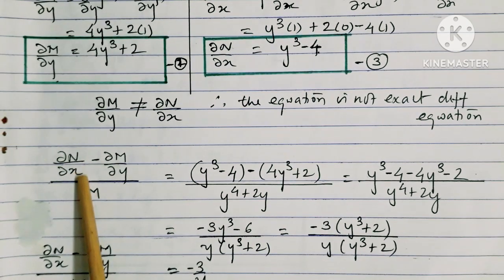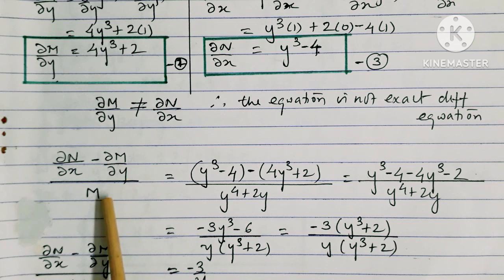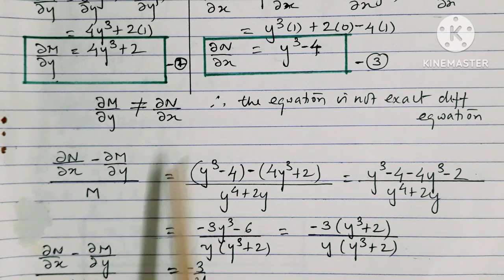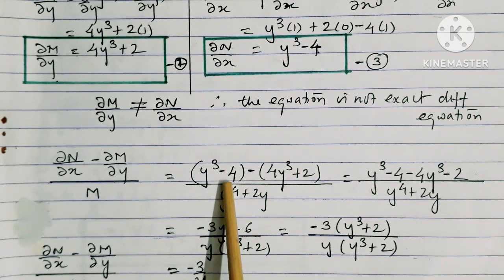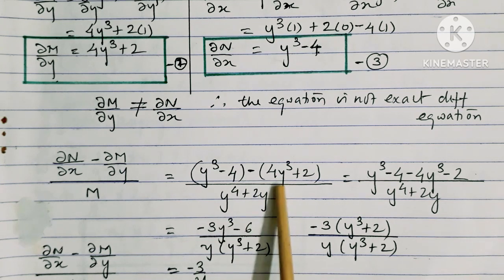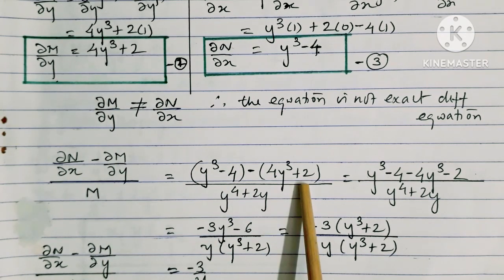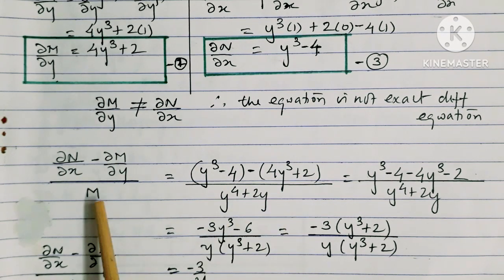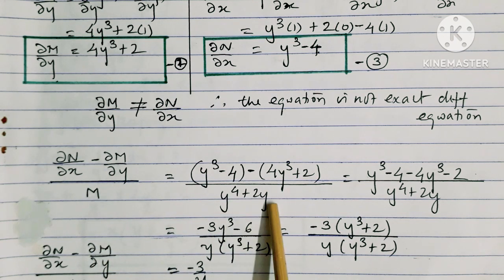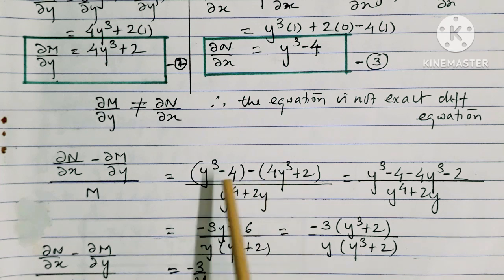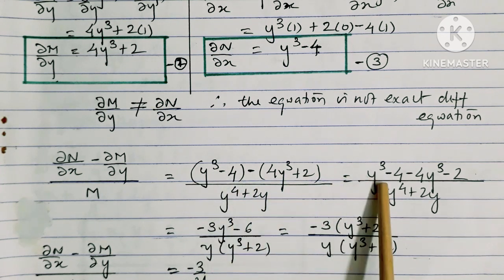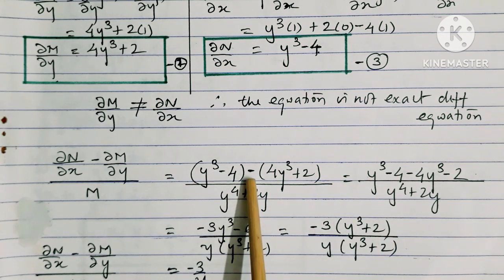Therefore (del N by del x - del M by del y) upon M is equal to (y^3 - 4 - (4y^3 + 2)) upon M, and here M is equal to y^4 + 2y. So this would be (y^3 - 4) and now there is a negative sign outside the bracket.